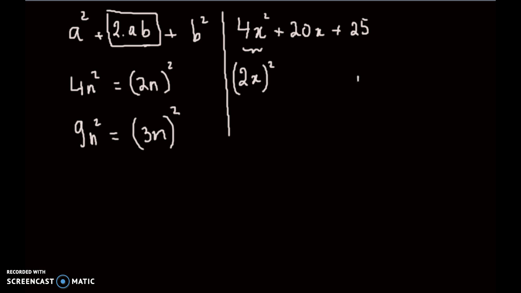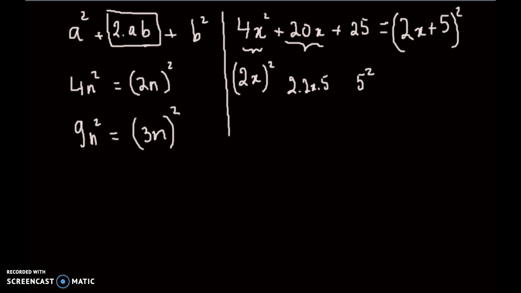The last term I can write as 5 squared. Now, for the middle term I need to check if this is double the product of the first term and the last term. So I have 2 times 2x times 5, and yes, this is equal to 20x. So this one I can write as 2x plus 5 squared.